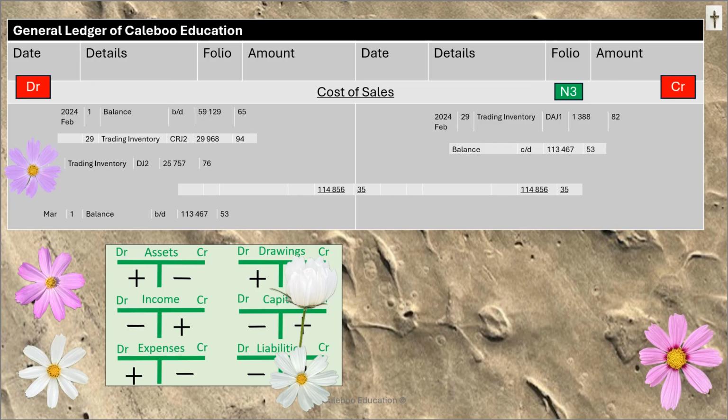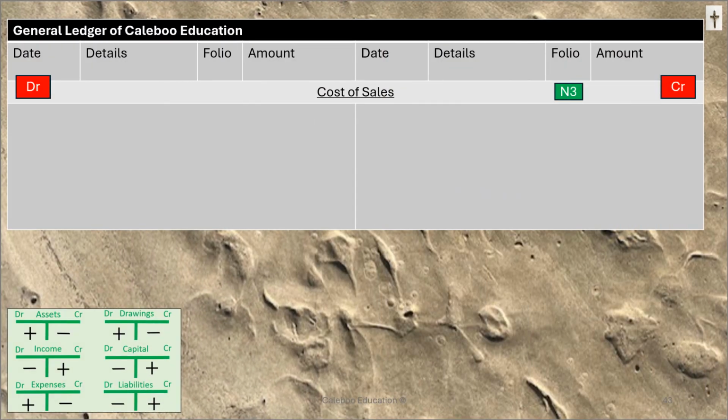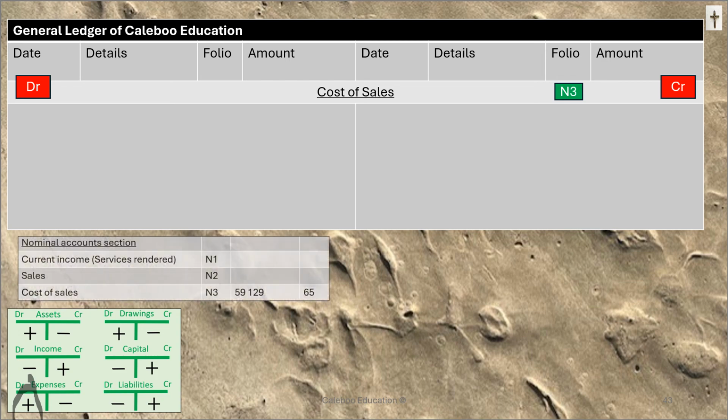Cost of sales. I'm going to go through the cost of sales account. So let's work through this cost of sales account. Cost of sales is an expense, just to refresh your memory. An increased expense would be debited, which would result in an opening balance.